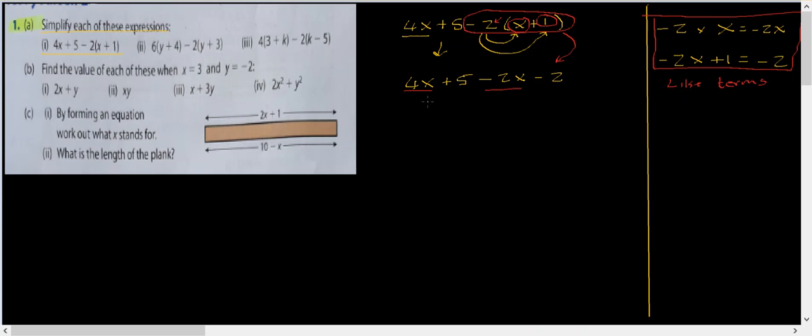They have the same variable, which in this case is x. This has x and this has x. So like terms, we can add and subtract.